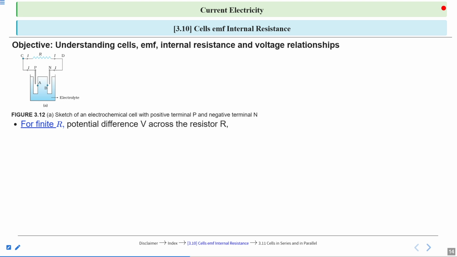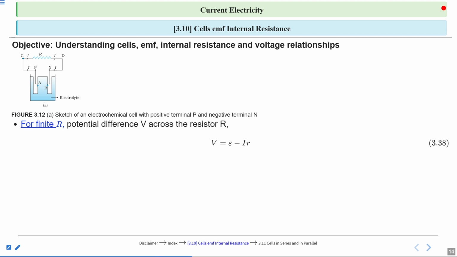Now the second case: if the resistance R is finite, not infinite. Then the potential difference V across the resistor R will be V equal to E minus IR.